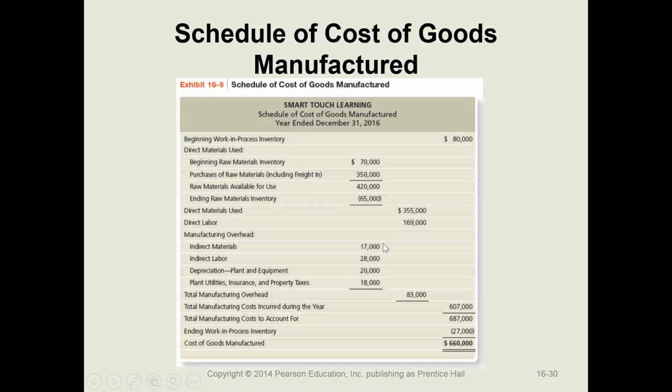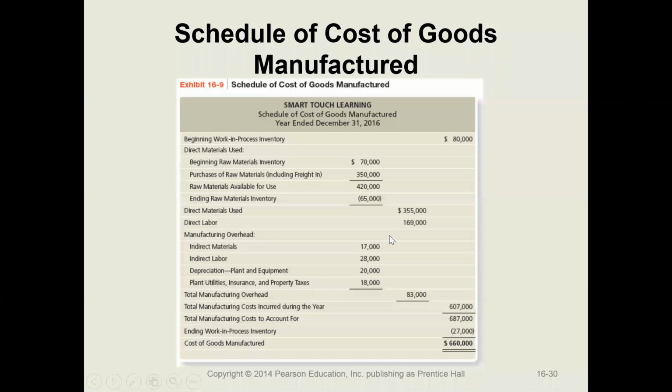And then we add the third component of manufacturing costs, manufacturing overhead. So that's the indirect materials, indirect labor, depreciation, plant utilities, insurance, property taxes. Again, all the costs associated with manufacturing a product that can't be traced directly into the product.